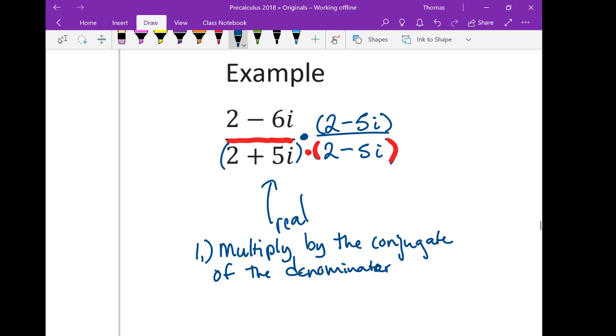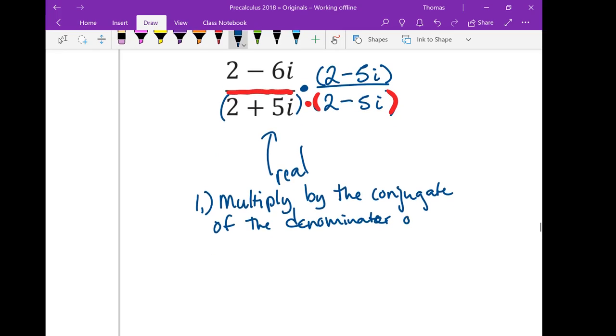Multiply by the conjugate of the denominator on top and bottom. Obviously, because that keeps our quantity the same. And then in step 2, the rest of this is just going to be simplifying. Simplify.